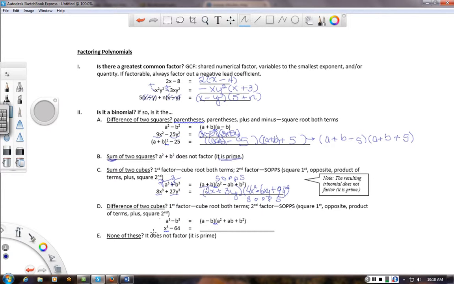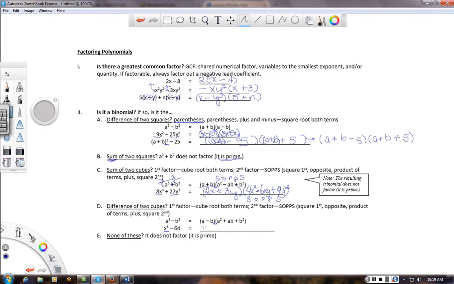So how does it change when I have a difference of two cubes? It's still the same pattern. I take the cube root of the first minus the cube root of the second, and that creates my first factor. The trinomial will be found by taking the first factor and once again applying our mnemonic SOPPS.